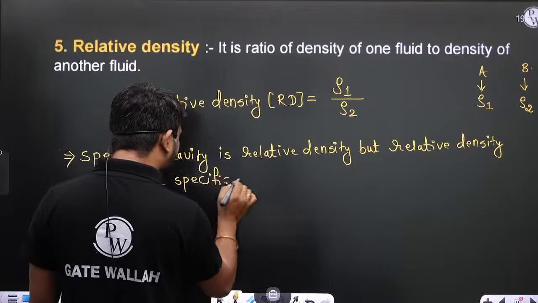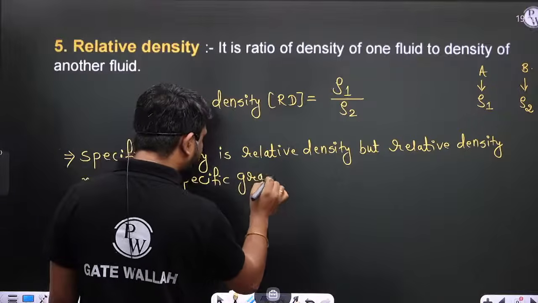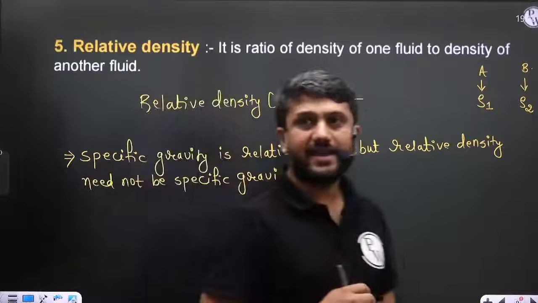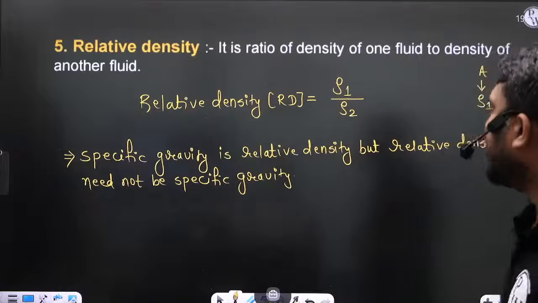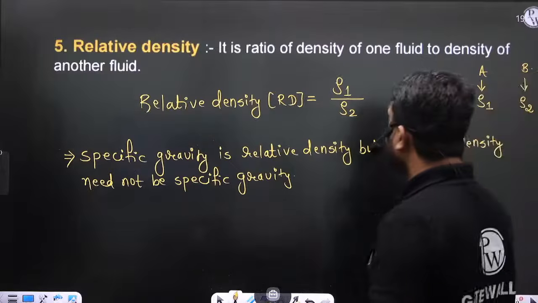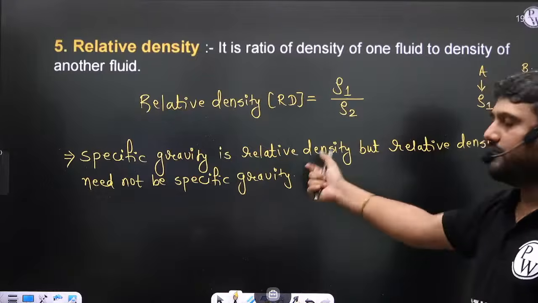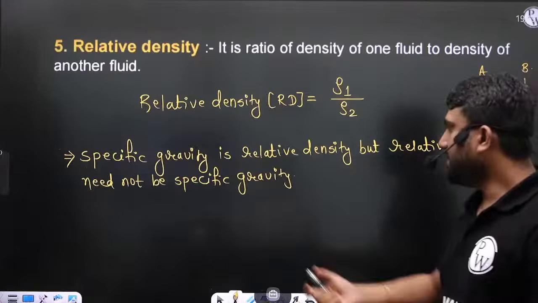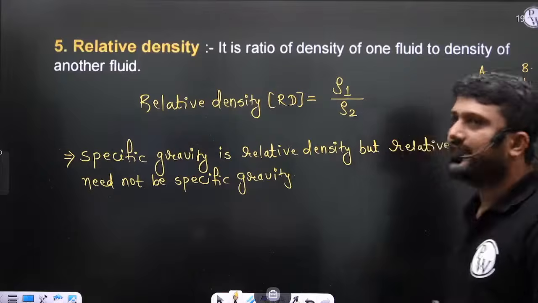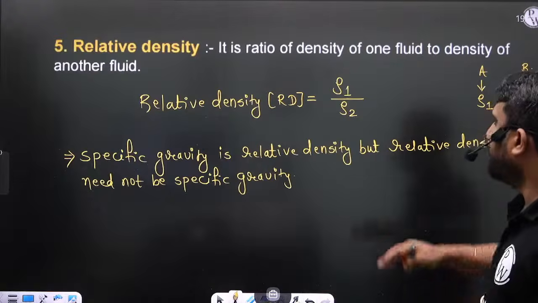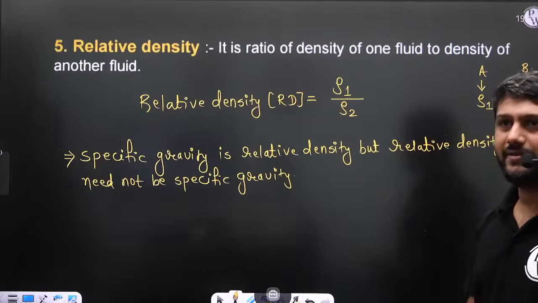Tell me guys, can I say specific gravity is relative density, but relative density need not be a specific gravity? Is it true or false? Yes, specific gravity is relative density, but relative density need not be a specific gravity.